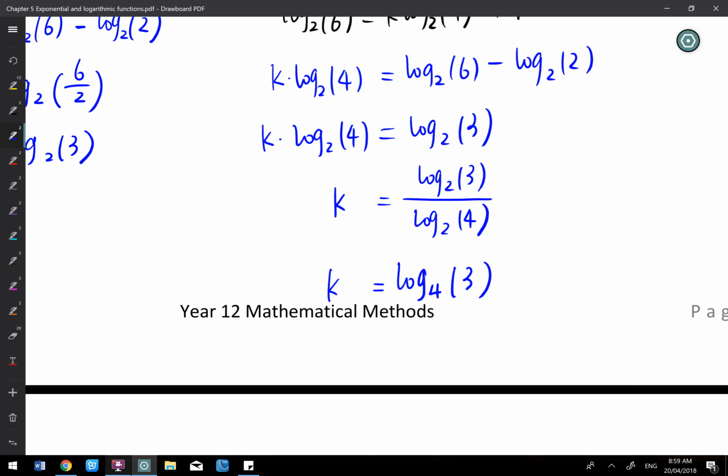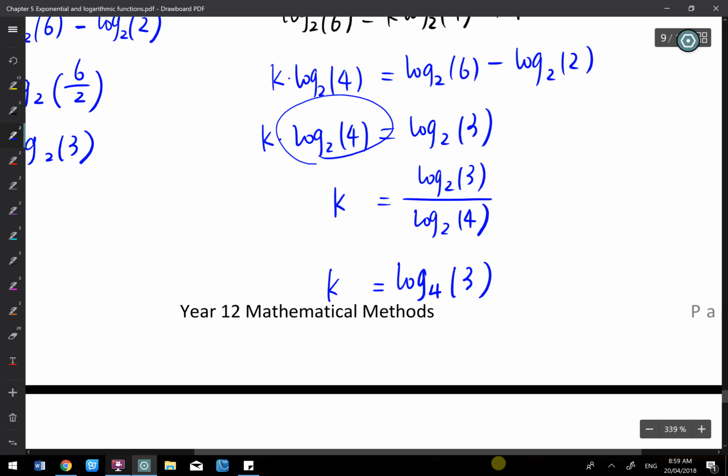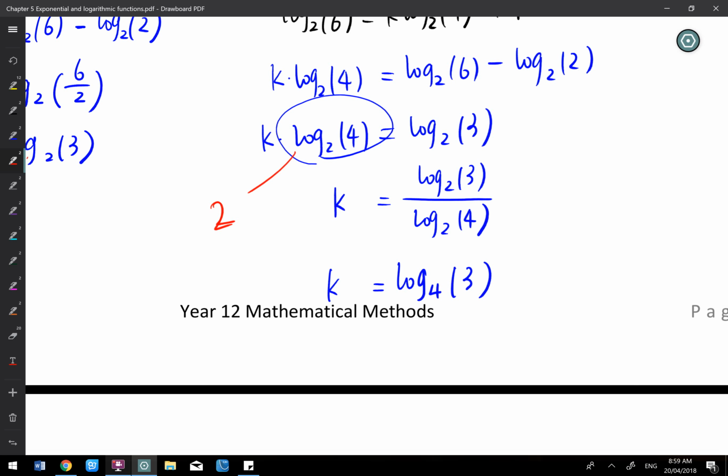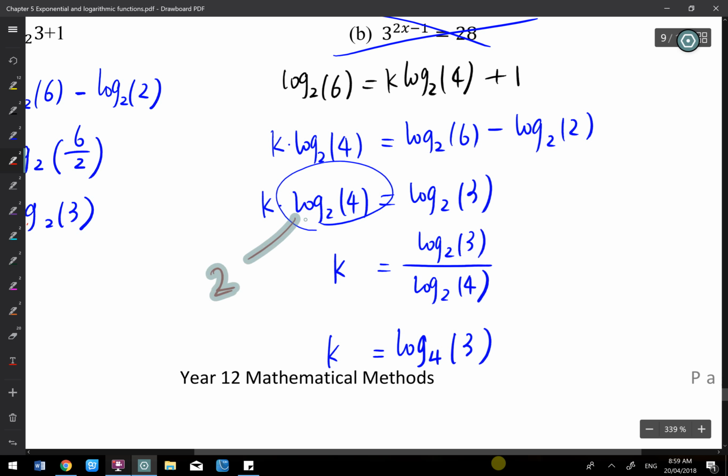You can do that as well. For example, this one can become 2. I want to use the change of base formula. You can also directly divide by 2 and say that's a half. That's alright. If I want to use the change of base formula, you are correct.